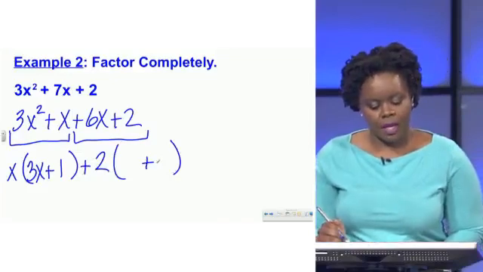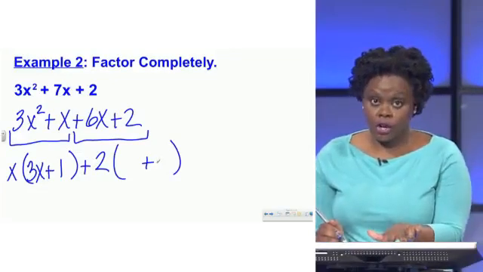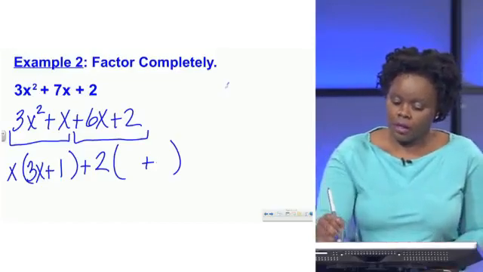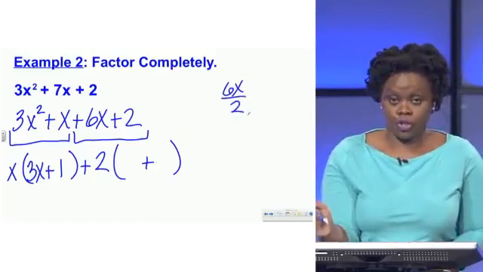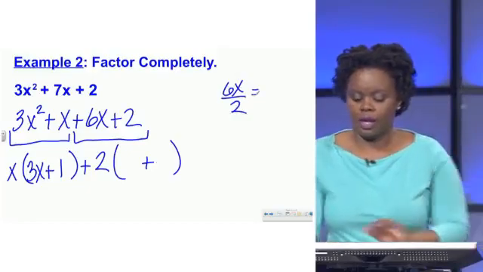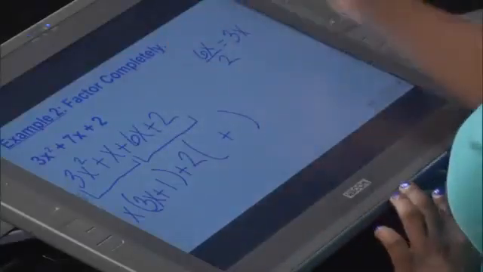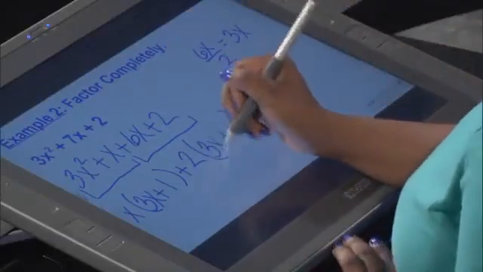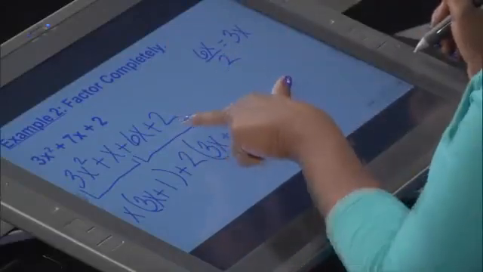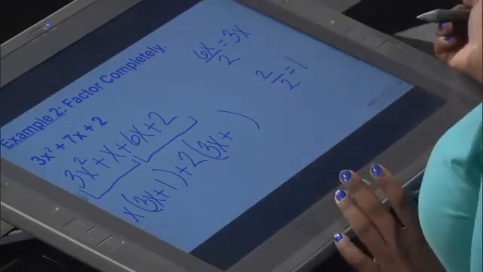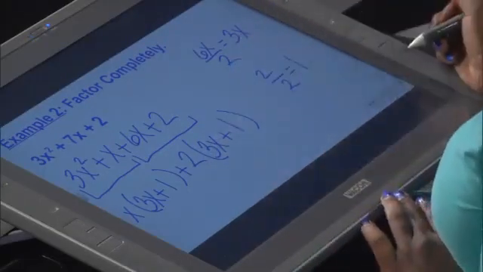Okay. So now it's time to divide each of these terms by our greatest common factor over here. So 6x divided by 2. Okay, so 6 divided by 2, that's 3. And this x is just hanging along for the ride. So 3x. And then I have 2 divided by 2, which is 1. Okay, so then you look.